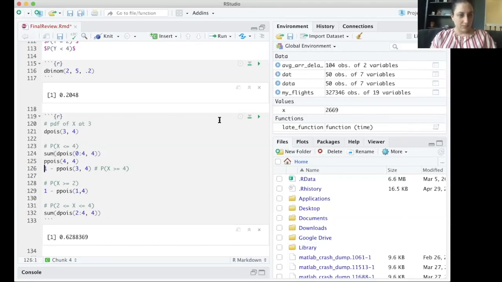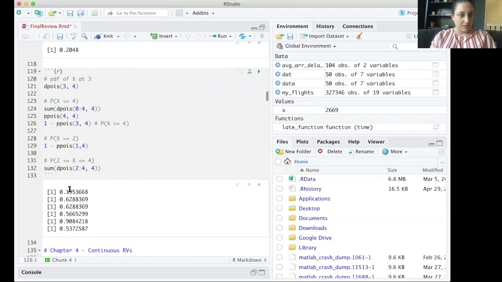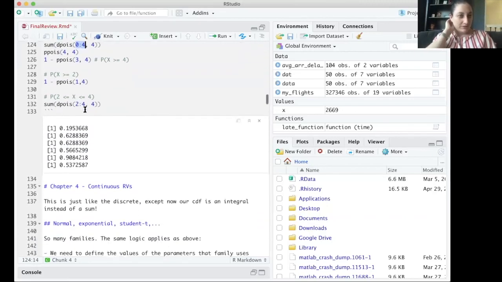So these are going to give me the same answer. The CDF at 4 is the same as summing the PDF up from 0 to 4. If that made you more confused, please ignore it.